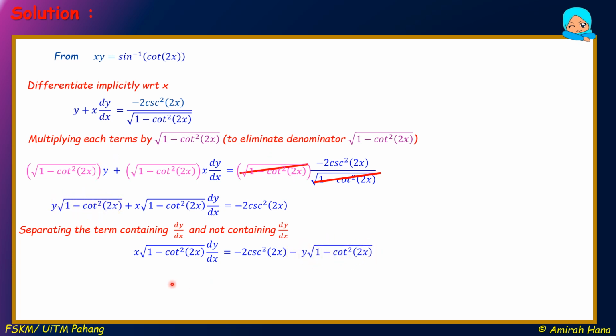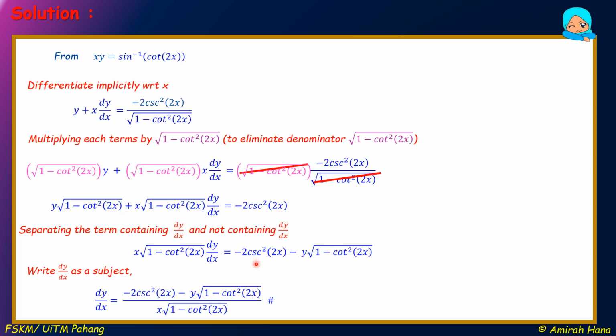Then we write dy over dx as the subject, so we move x square root of 1 minus cot squared 2x to the right hand side. We get dy over dx equals negative 2 cosec squared 2x minus y square root of 1 minus cot squared 2x, over x square root of 1 minus cot squared 2x.